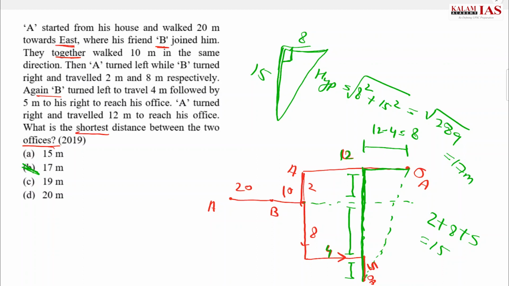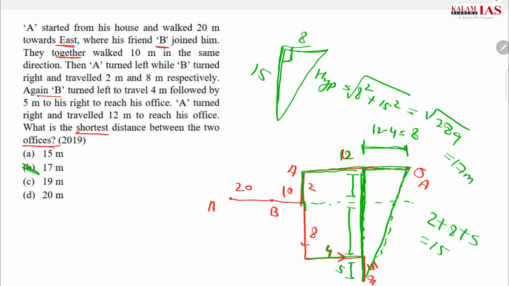You have to just again visualize the things, very simple things, and keep on plotting the things as they are given in the same order, and then try to find what geometry is getting formed. In this case it was a right angle triangle with this distance coming out to be 2 plus 8 plus 5, and this distance coming from 12 and 4.